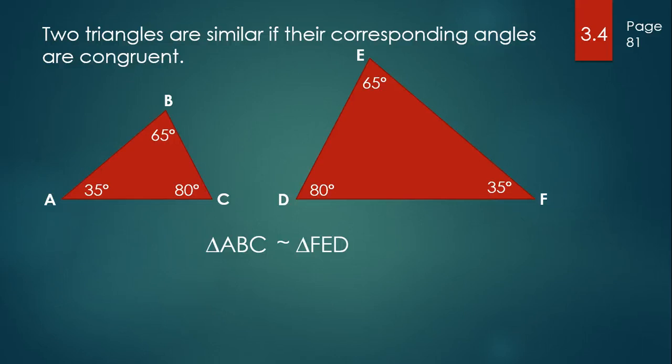And angle B, which is the second angle mentioned in the name of the smaller triangle, is congruent to angle E because it's the second mentioned in the name of the larger triangle. So be very careful when you are writing statements about the similarity of two triangles, because the order that you write the names of the vertices in is implying which angles are congruent.